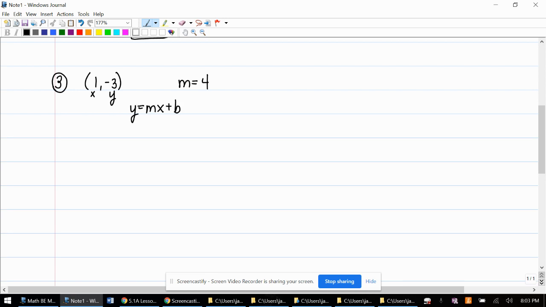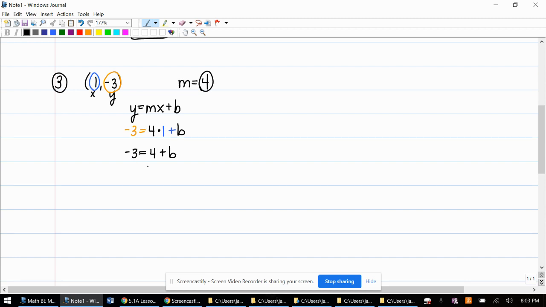And what I might be noticing is that when I plug this in, I'm plugging it in sort of backwards, which has been the case with a lot of things in y equals mx plus b, in that y actually goes in front, even though it's in back in the ordered pair. So -3 equals 4 times 1 is 4 plus b.